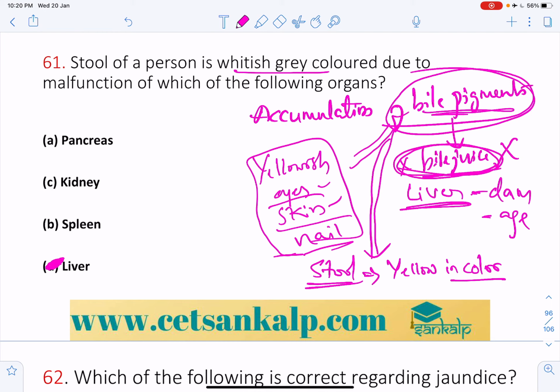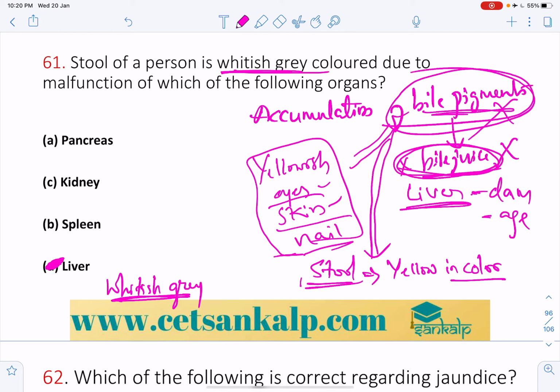Now there is no pigment, right? Because of that, when the liver is in a damaged condition, the stool becomes whitish gray. Clear? Whitish gray means pigments are not being eliminated through stool.